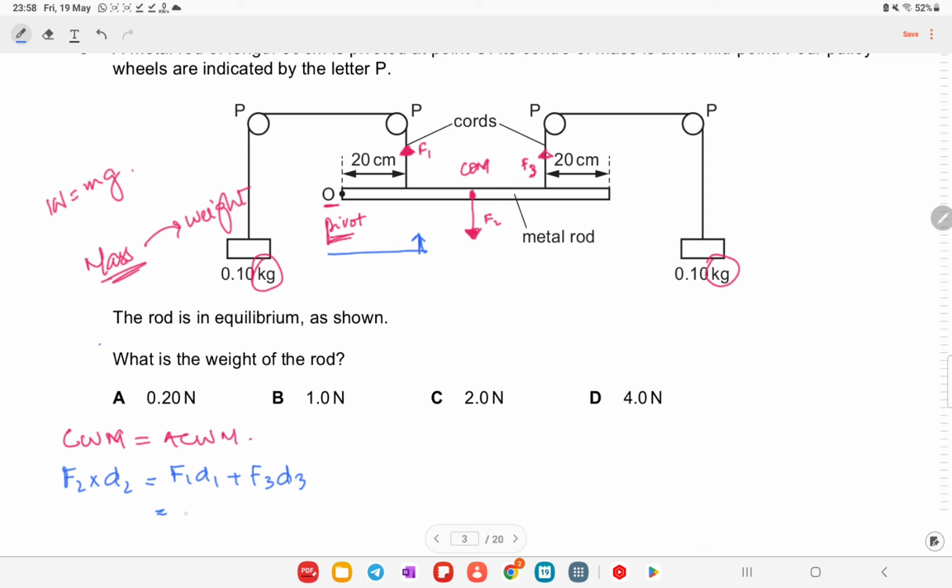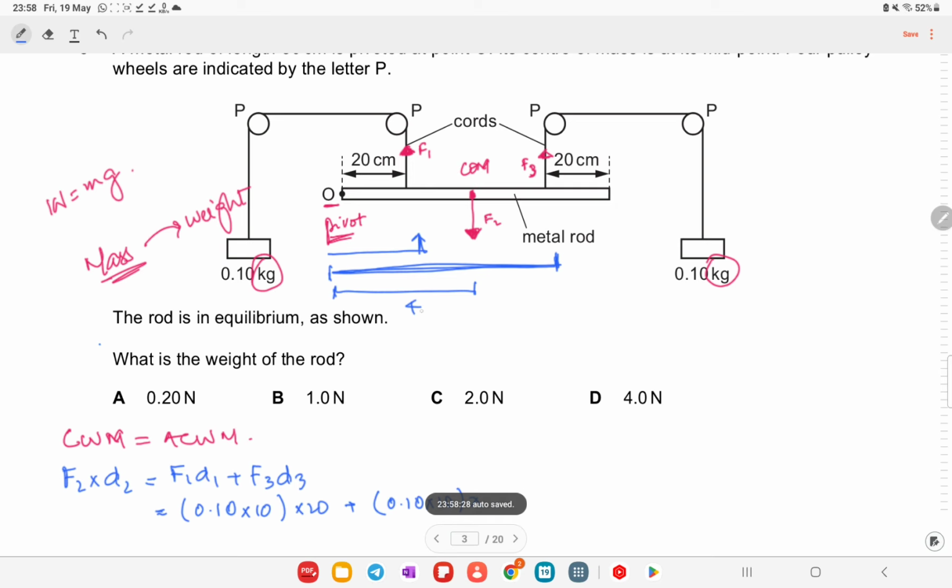So F1 will be, yes, 0.10 times 10, and then we have to multiply the distance, which is going to be 20, plus then you have again the mass, 0.10 times 10, and times, now you see for F3 the moment arm is like this, 40 and this is 20.